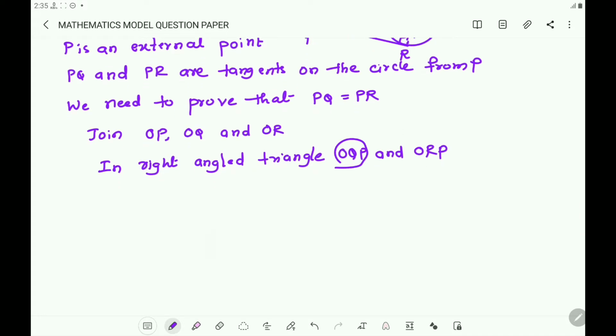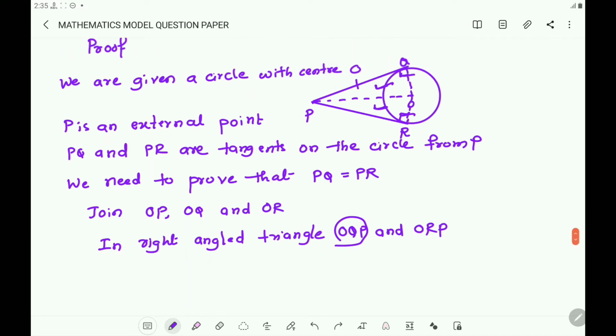So in triangle OQP and triangle ORP, you know that OQ equals OR. This OQ and OR are the radii of the same circle.